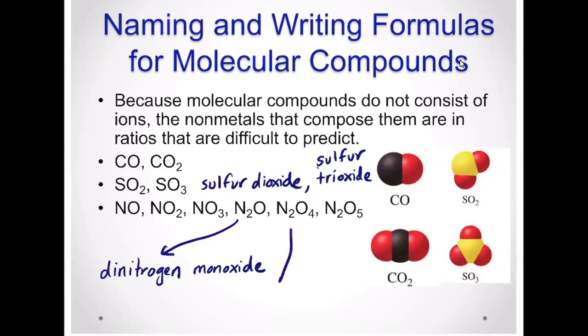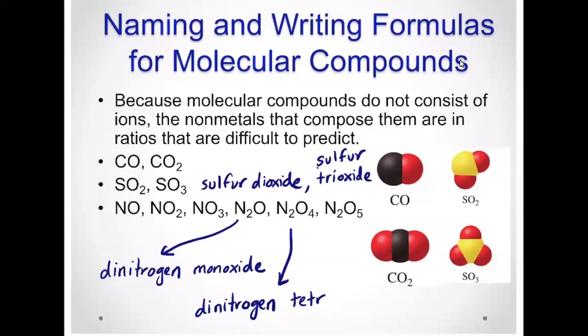Okay, let's write this one. So we have dinitrogen. And now we have 4, that's tetra. And so that there's an A there, you usually drop the A if you're going to be right next to another vowel.